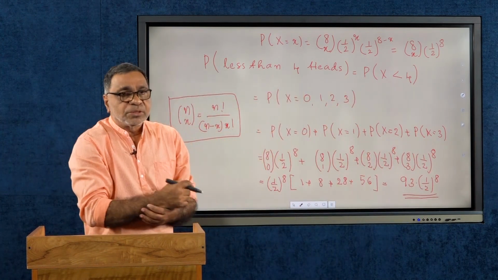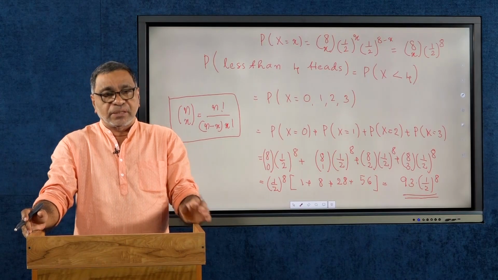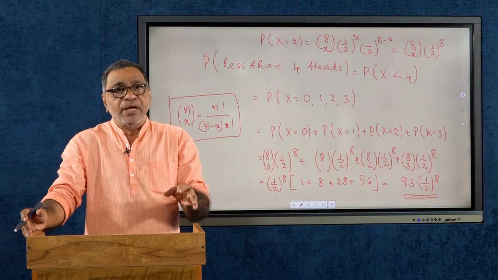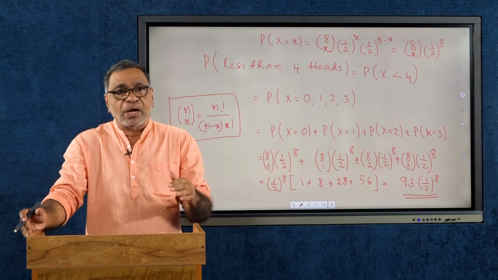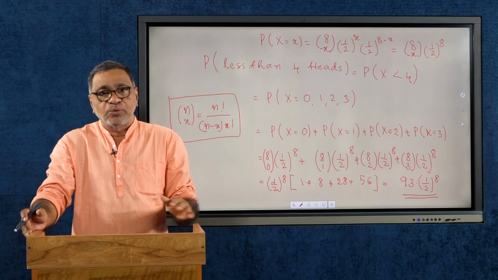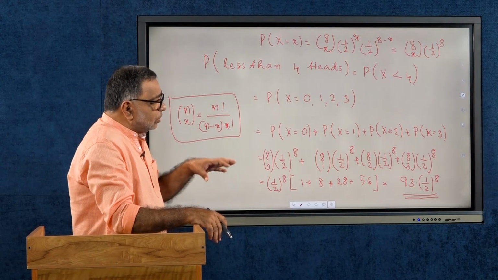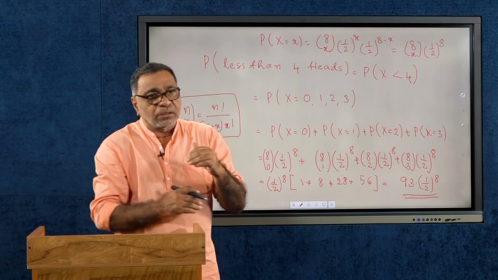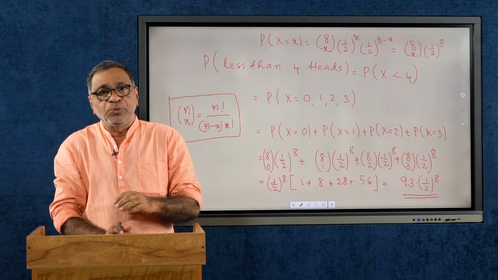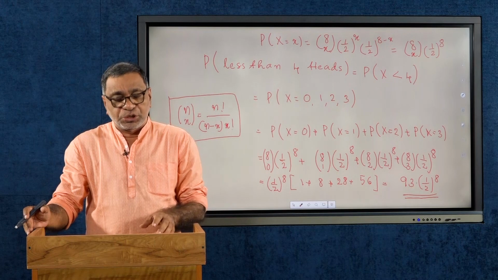So, this is the probability of X less than 4, that is probability of getting less than 4 heads when we are tossing a coin 8 times, equal to 93 into (1/2)^8. So, this is the way we calculate probability values for problems like this using the binomial distribution.